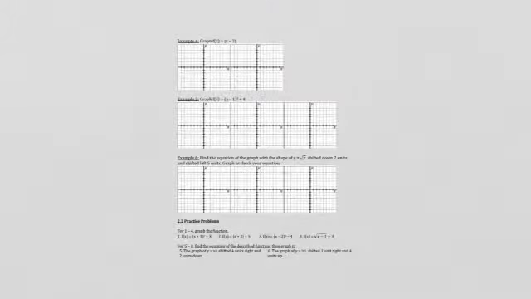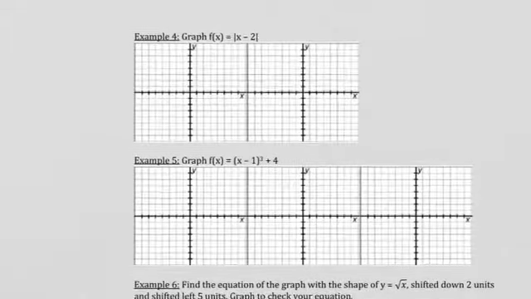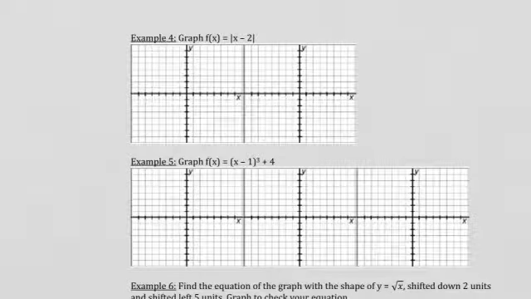In this example on page 3, I'm going to do example 4 for you. Example 4 is pretty simple. First of all, I'm going to graph the representation of the absolute value of x. This would be f of x equal absolute value of x.